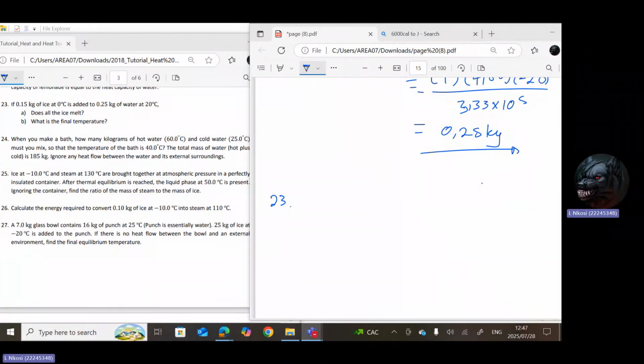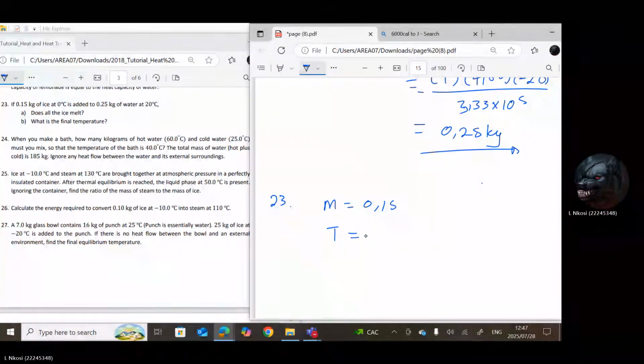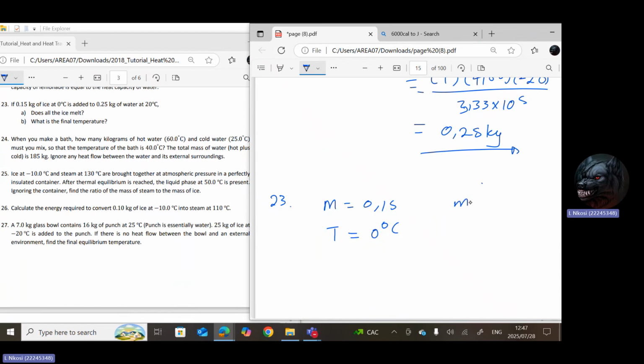So for number 23, if 0.15 kilogram of ice at 0 is added to 0.25 kilogram of water at a temperature of 20 degrees Celsius.